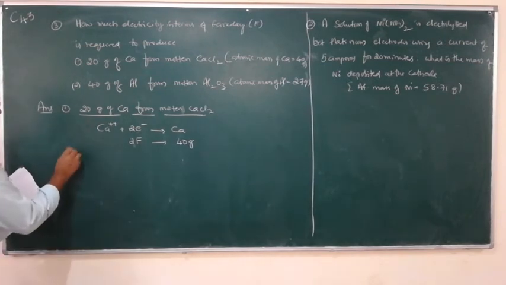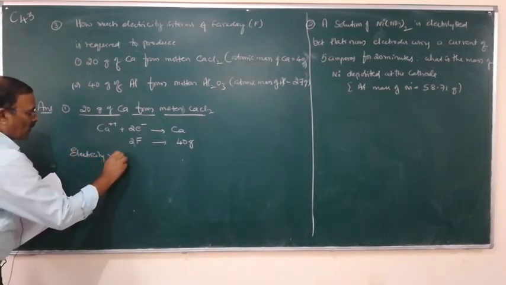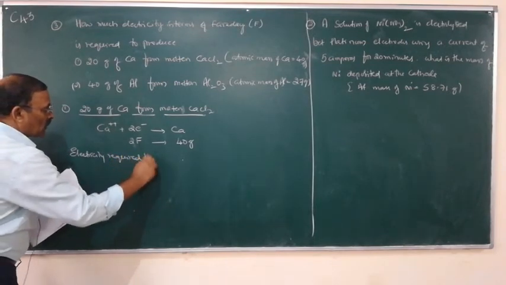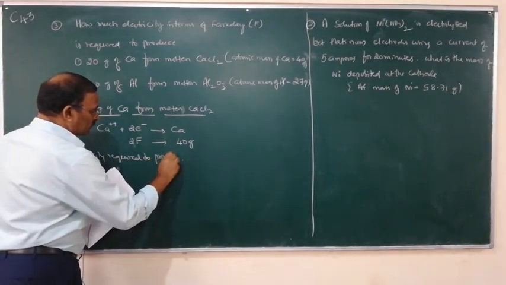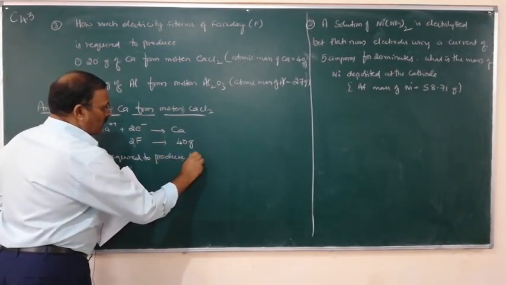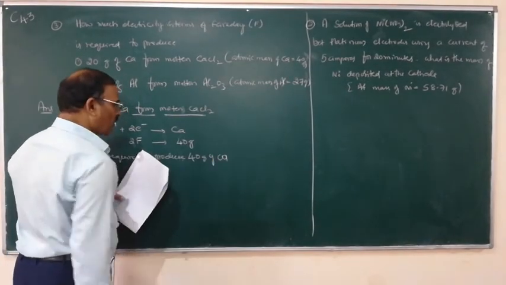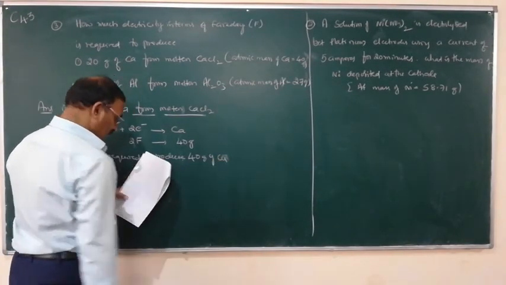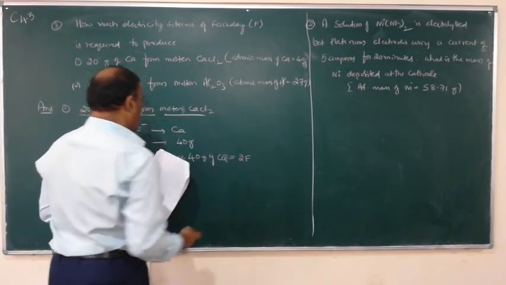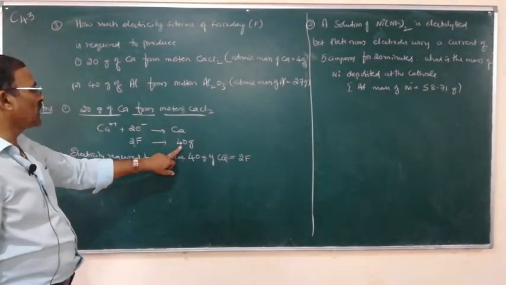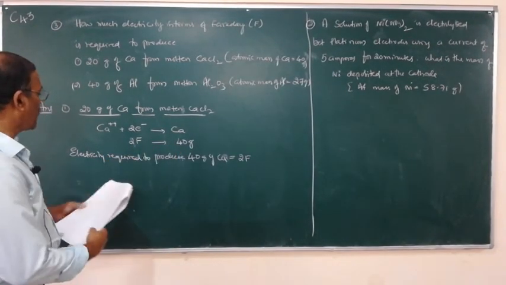So electricity required to produce 40 gram of calcium equals 2 Faraday. To produce 40 grams of calcium, the amount of current required is 2 Faraday.